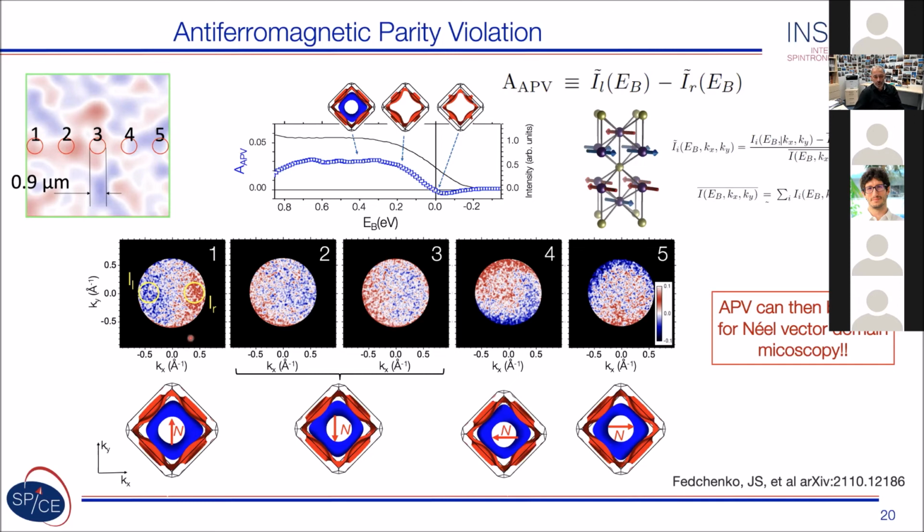Once you determine this one to be up, which is arbitrary, the rest follow from that consideration. So this is also a similar novel tool, momentum microscopy, in metallic antiferromagnets that have this parity broken.